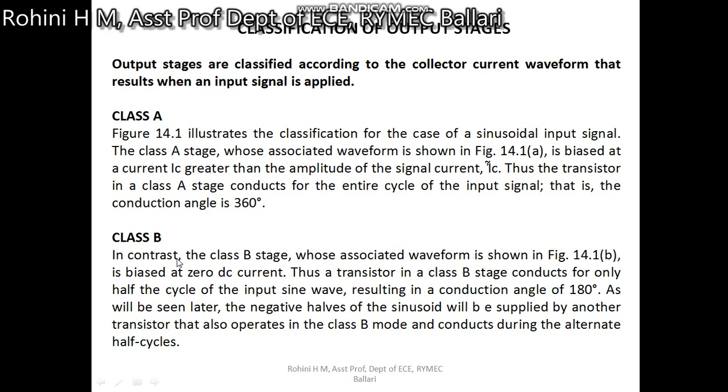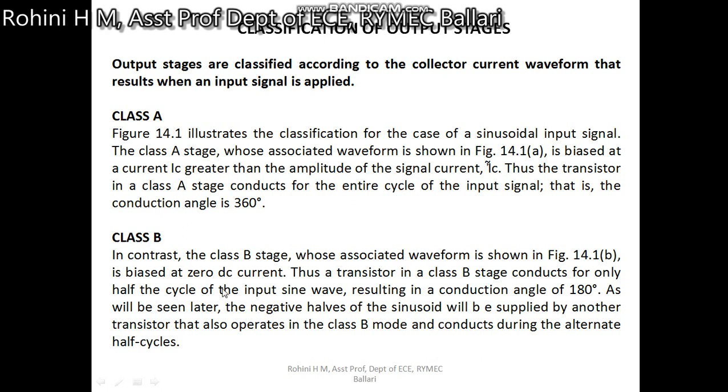So in contrast, now we are discussing the class B type of the amplifier. So here in the class B type of the amplifier, it is associated with the waveform as shown in diagram B, and is biased at 0 DC current. Thus the transistor in class B conducts for only the half cycle, because the bias current is 0.